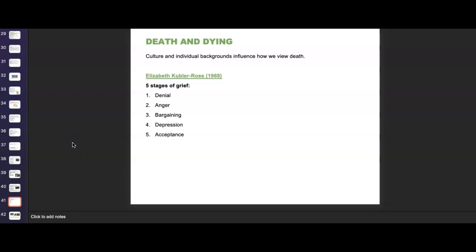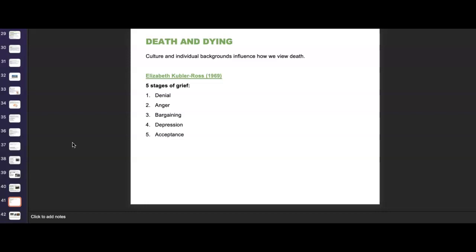Now, we can't talk about development without also mentioning death and dying. Culture and individual backgrounds influence how we view death. Elizabeth Kubler-Ross, however, created the 5 stages of grief, which is question 4 this week. The 5 stages are denial, anger, bargaining, depression, and acceptance.